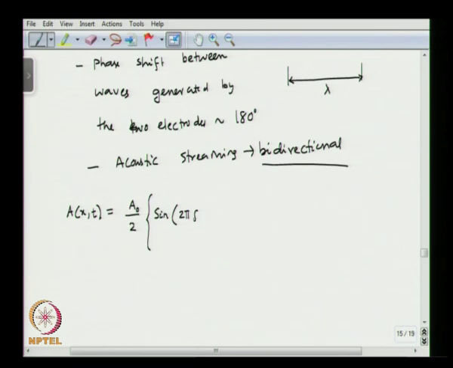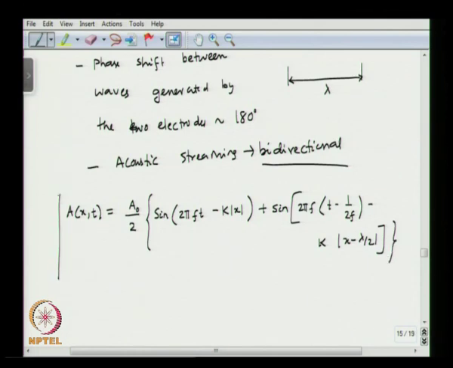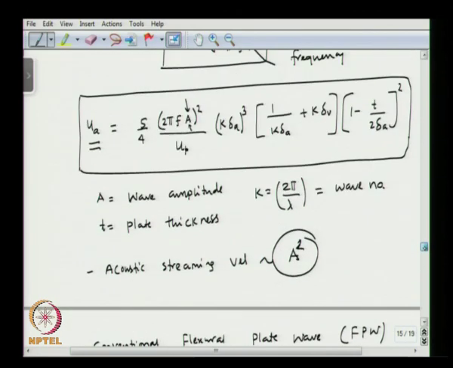That is the expression for the amplitude which we will use in this equation to calculate the acoustic velocity.